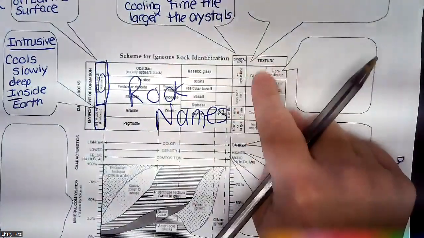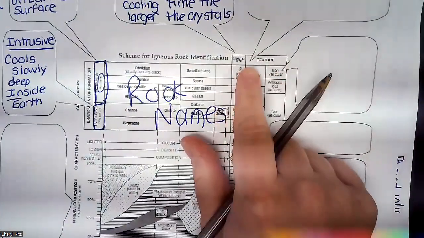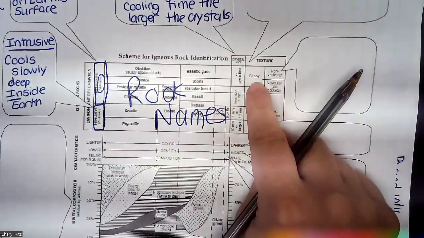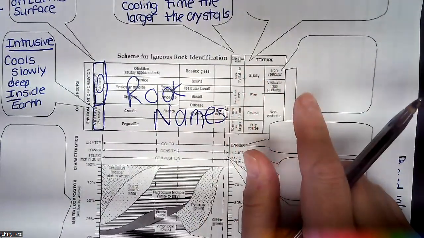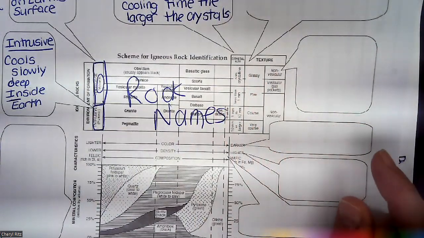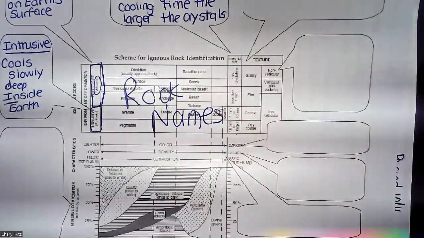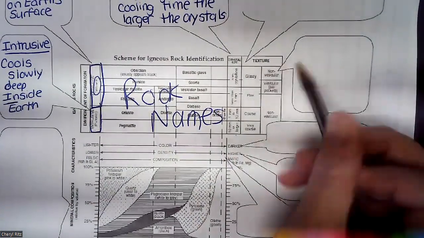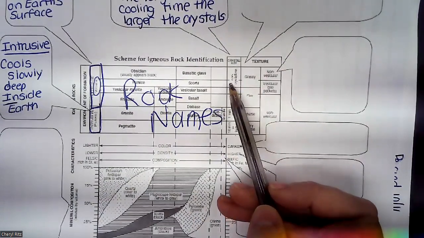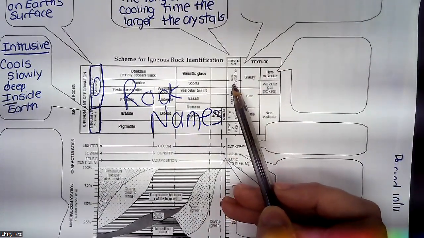The next column over is texture. You might look at those names and think, what would you think glassy means? Looks like glass. It doesn't. It's actually describing a texture. And it even tells you flat out what the word glassy means right here. Glassy means non-crystalline.